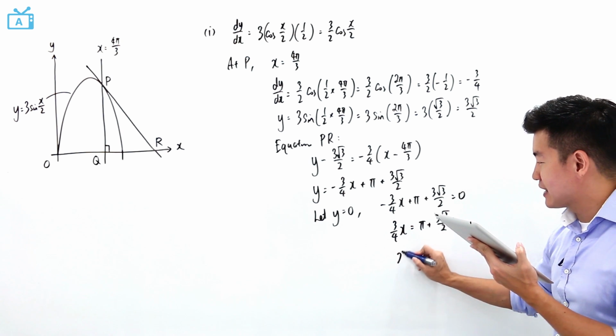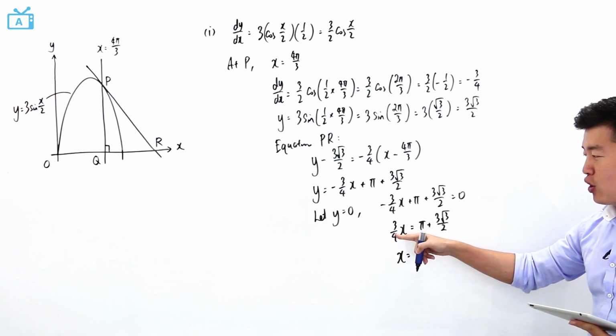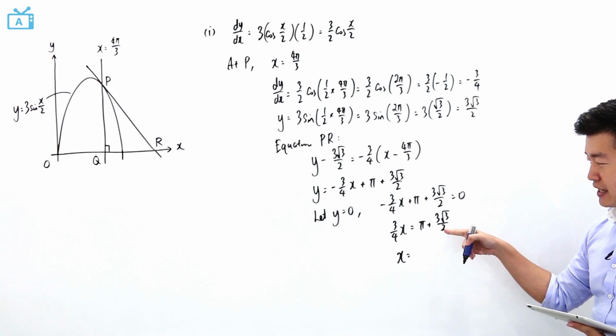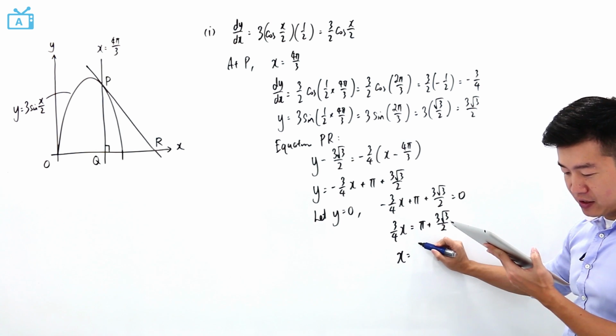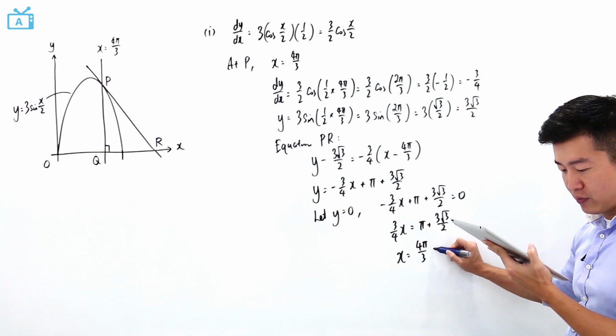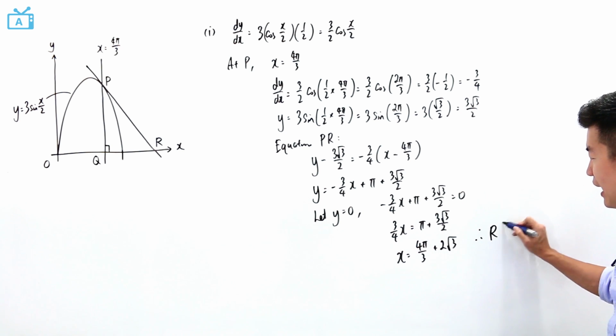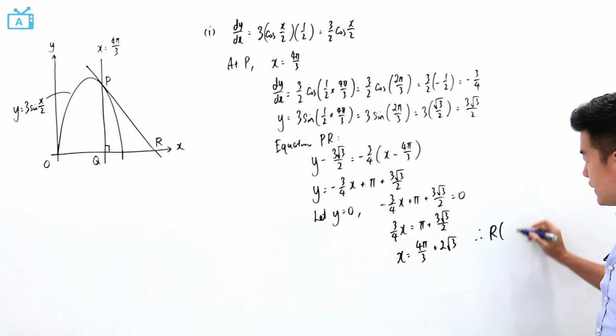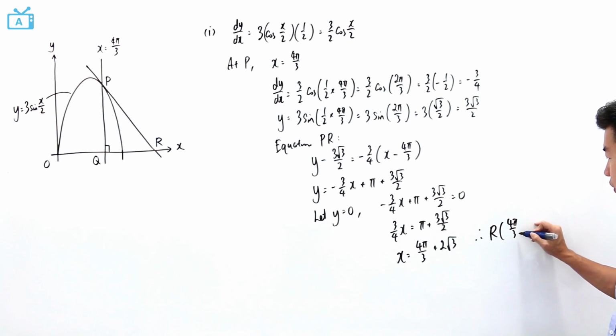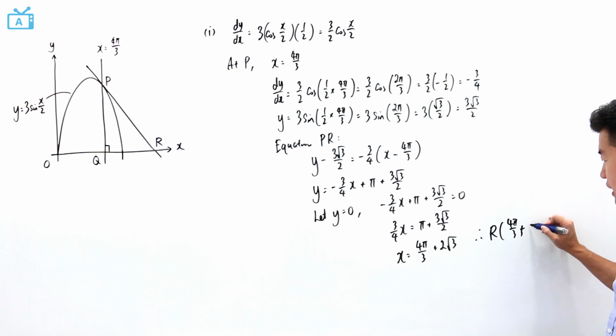If I make x the subject, I will multiply 4 over 3 to the other side. So that will give me 4 pi over 3 plus 2 square root of 3. That means the coordinates of the point R are 4 pi over 3 plus 2 square root of 3, and 0.